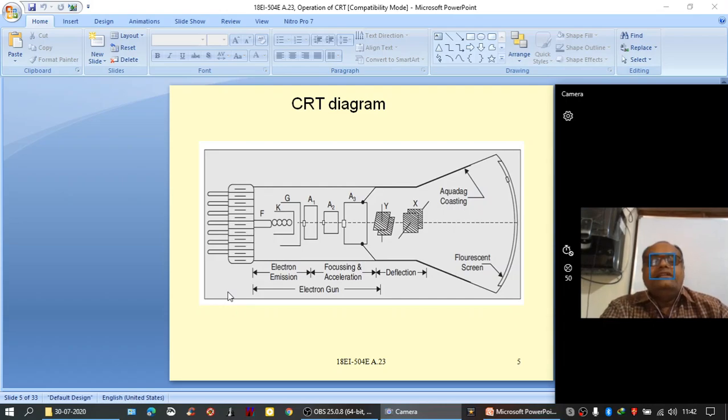This is the arrangement giving a more detailed picture.